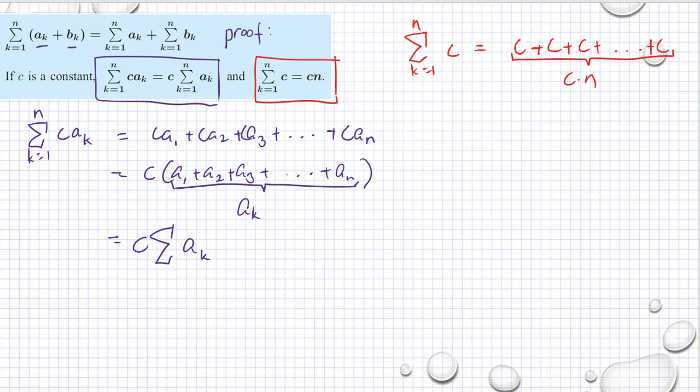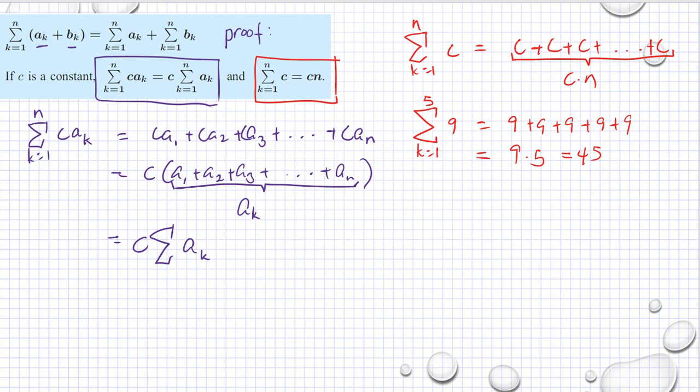For example, the summation of 9, where k is equal to 1 up to 5, is easy. Instead of writing 9 plus 9 plus 9 plus 9 plus 9, it is easier to just multiply 9 by 5. Then you have the same result, 45.